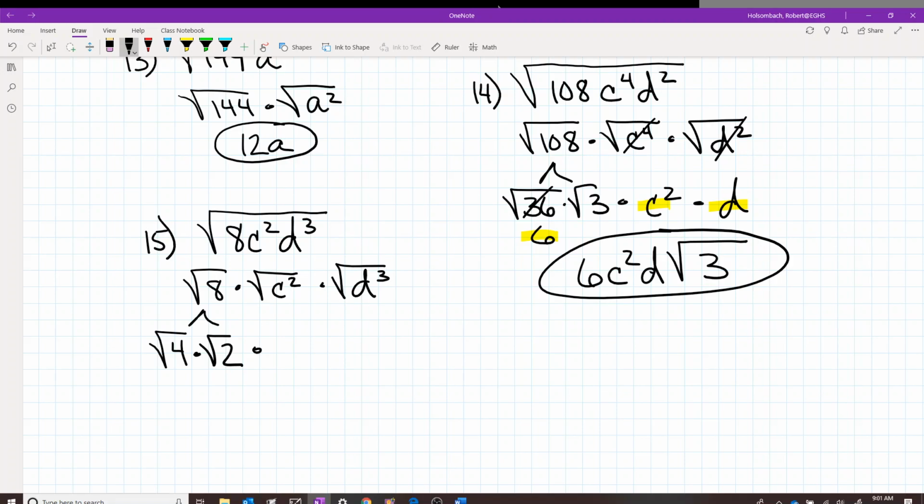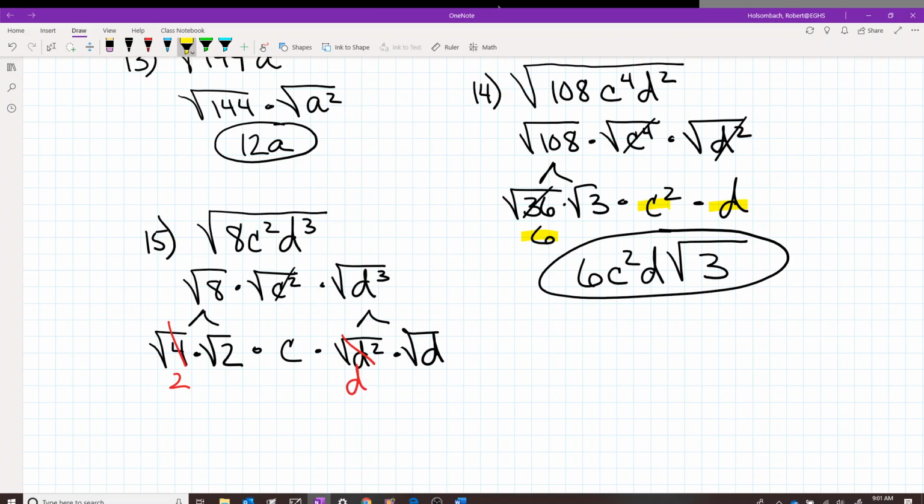Your square root of c squared is a perfect square, and that's equal to c. Your d to the third simplifies to the square root of d squared times the square root of d. The square root of 4 is equal to 2, and the square root of d squared is equal to d.